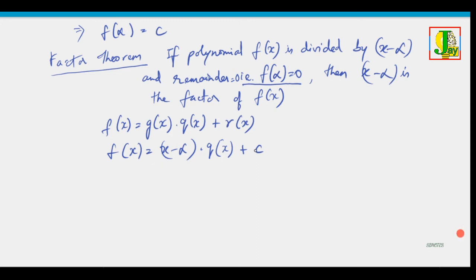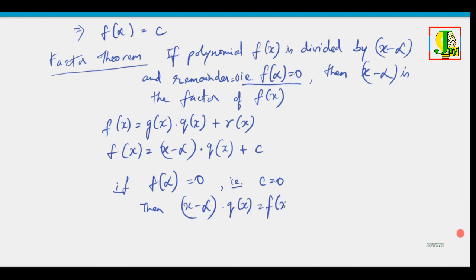If the remainder, that is f of alpha, is 0, our remainder c equals 0, then x minus alpha into q(x) equals f(x), and hence x minus alpha is a factor. Okay.